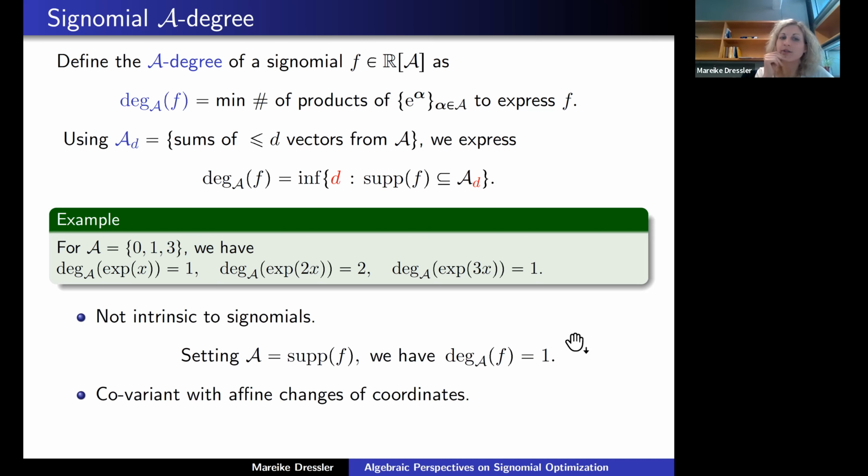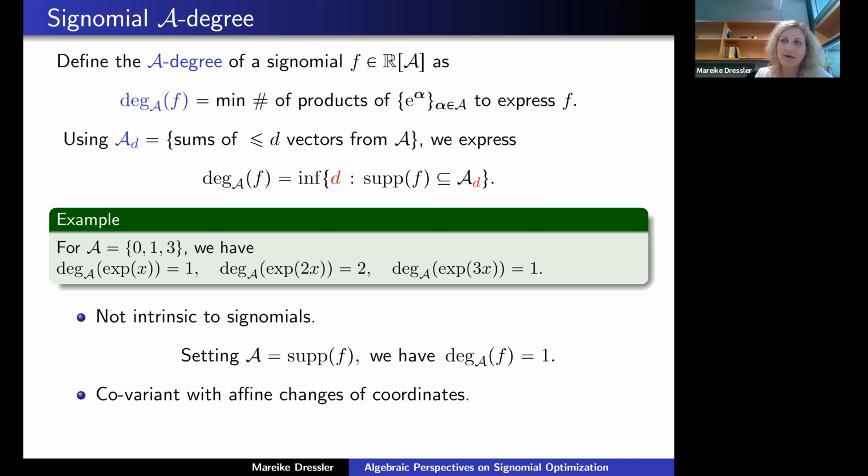A word of warning: this notion is clearly not intrinsic to the signomial. This is something really artificially imposed, an artificially imposed concept to just handle this grading we want to have. And for everything done earlier, you can think of it as taking just the whole support of f as our support, and then every signomial has an A-degree of 1.